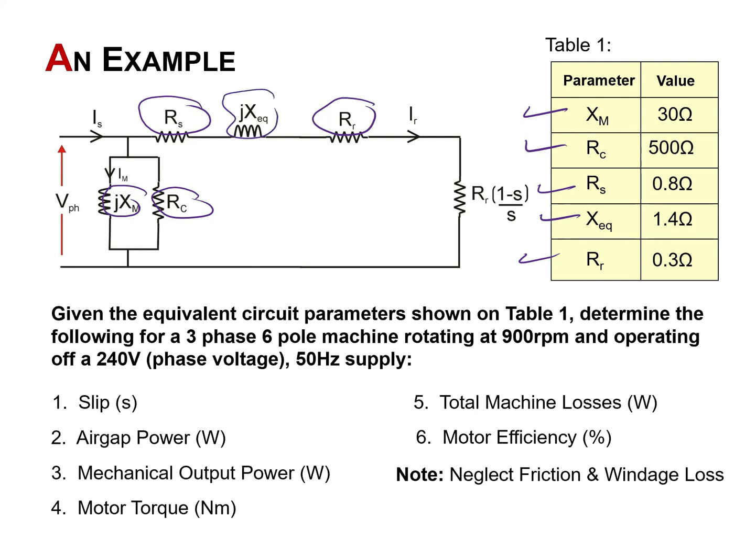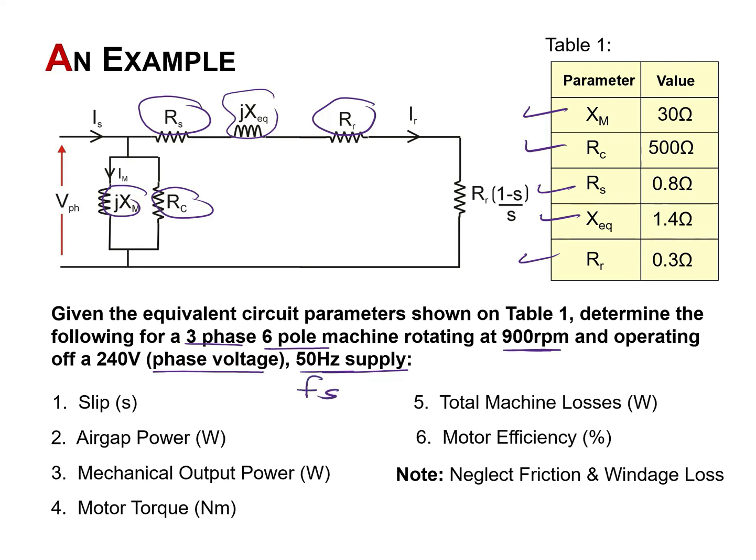You need to determine the following parameters for a three-phase, six-pole machine rotating at 900 revolutions per minute and operating off a 240 volt phase voltage at a 50 hertz supply. So this is the frequency of the source.